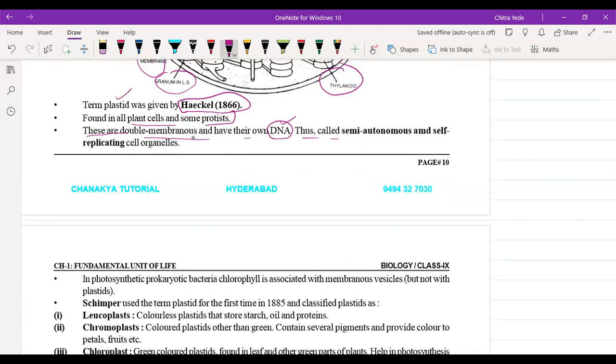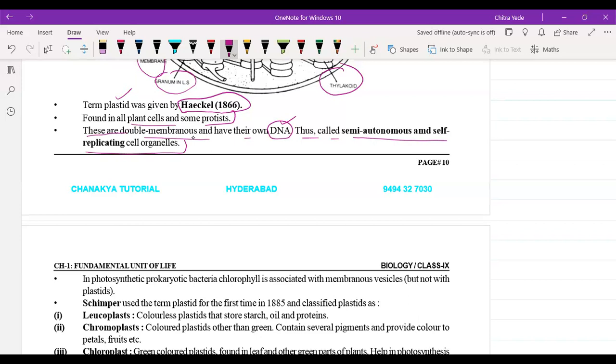Thus, it is called a semi-autonomous and self-replicating cell organelle, because it performs replication of its DNA.